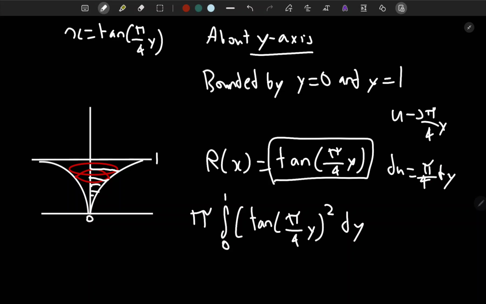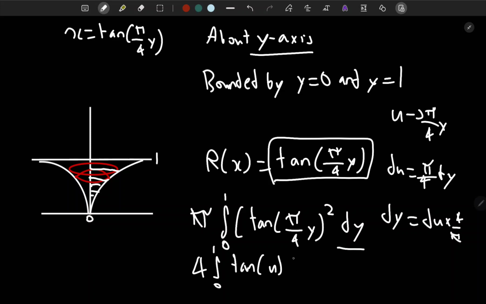Now you can replace this part by u. We need to substitute dy equals du multiplied by 4 over pi, and this pi will cancel out with our outer pi, so all we will have left is 4 outside, and then the integral of tan u squared.